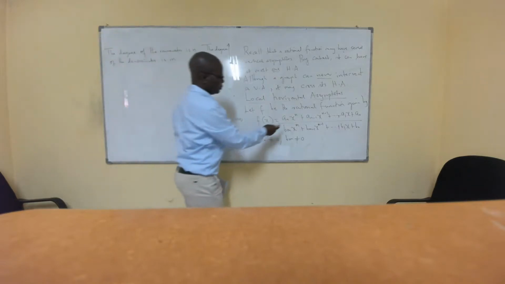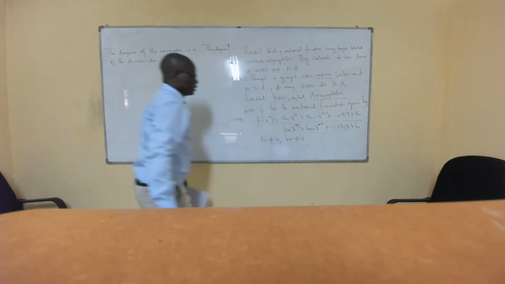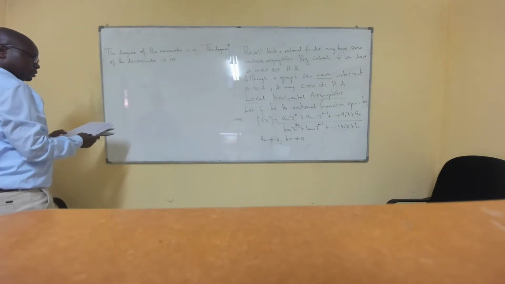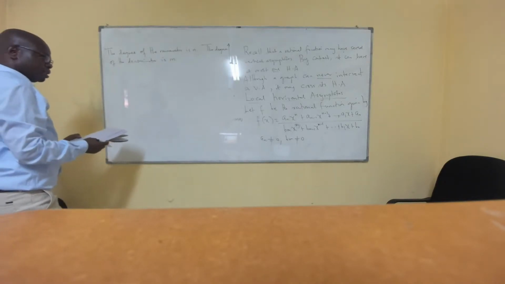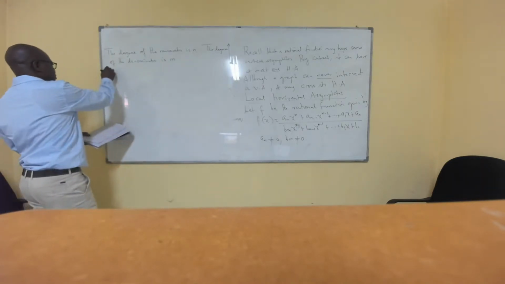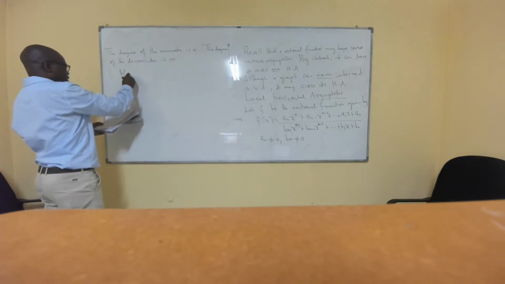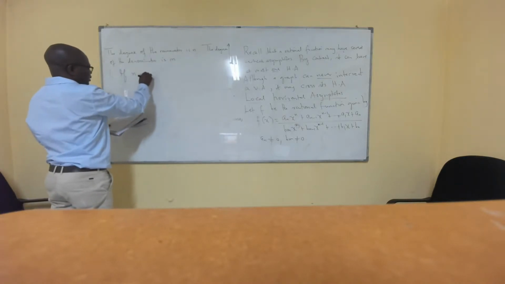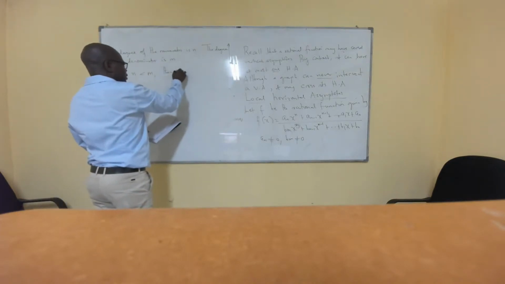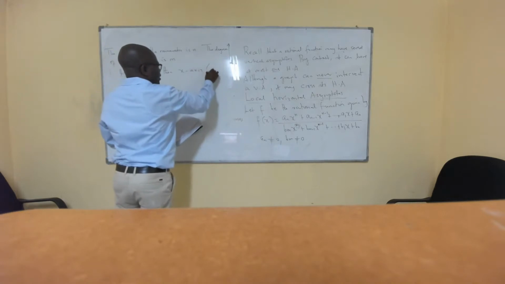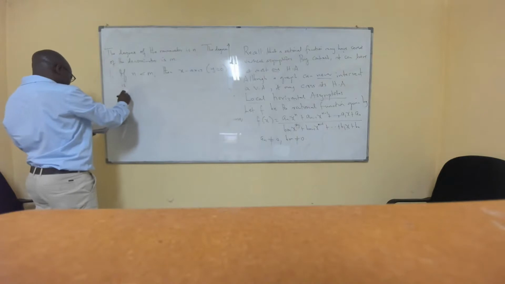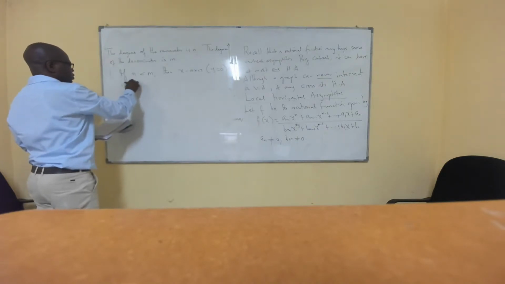As you can see, in the numerator the highest power is n, and in the denominator it's m. So one, if the degree in the numerator is smaller than the degree in the denominator, then the x-axis, or y equals 0, is the horizontal asymptote.